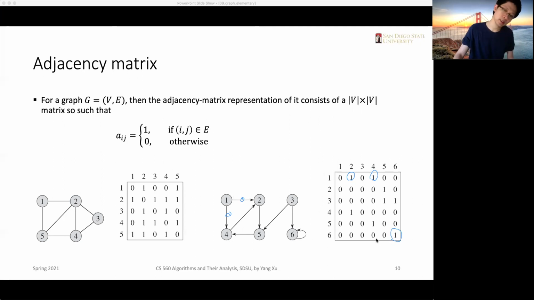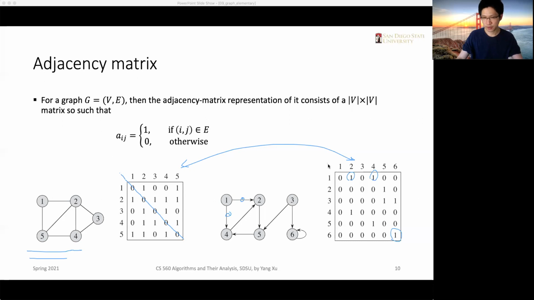A difference between these 2 matrices is that if the graph is undirected and you split the matrix by the diagonal line, it is symmetric, with a symmetric distribution of 1s along the diagonal.